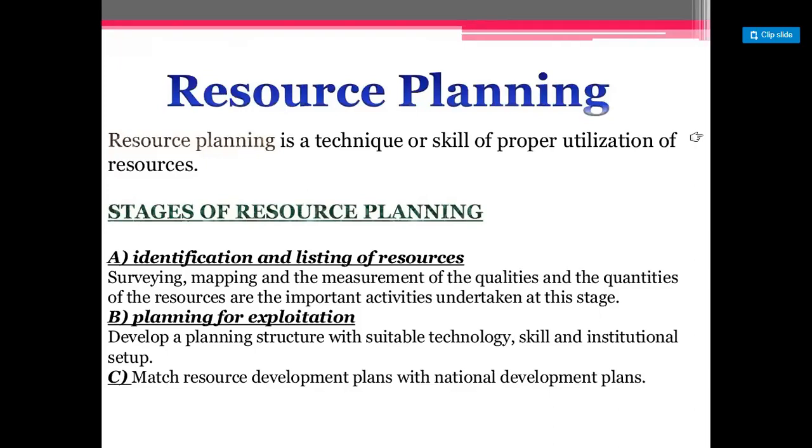We have to develop a plan structure with suitable technology, skill and institutional setup. And after that, the third stage, match resource development plans with the national development plans. So these are the stages of resource planning.